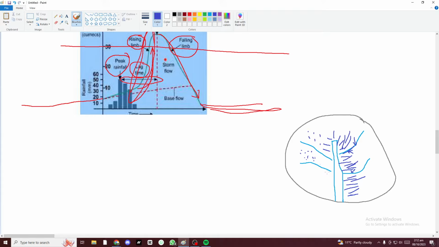Through flow will then contribute to discharge, and through flow is just the water that's gone through the ground, as I explained earlier, and that will just continue feeding the river. The river won't be as high as when it's being fed the overland flow. However, it will still be above normal.